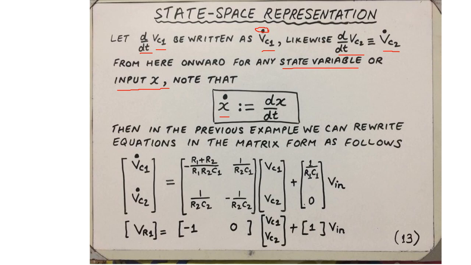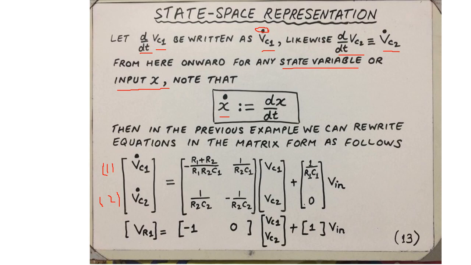Then the previously developed state space equations can be represented in matrix vector multiplication form. So remember equations 1 and 2 of the previous example. These are shown in the first matrix vector multiplication as well as addition.